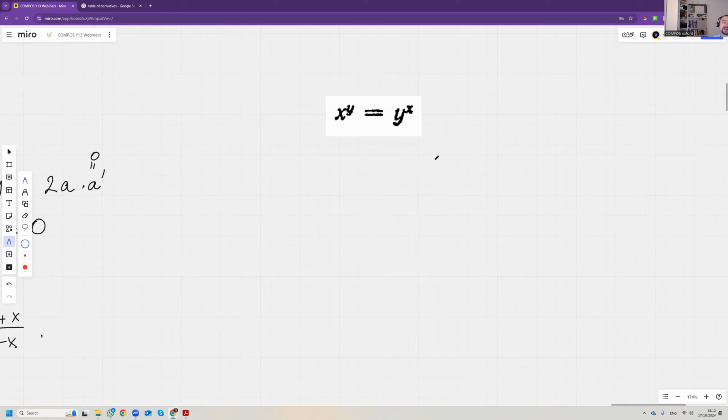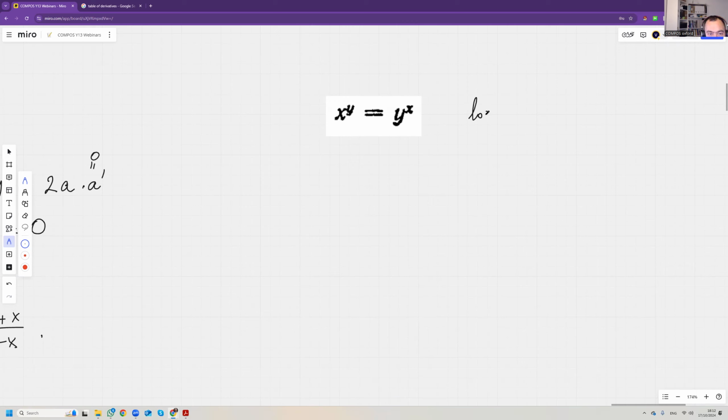Okay. Now this is not... can you take logs of both sides? I think so. Yeah, you can take logs of both sides before you differentiate that.